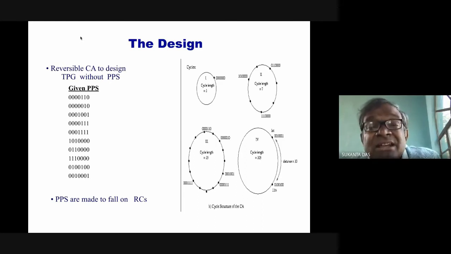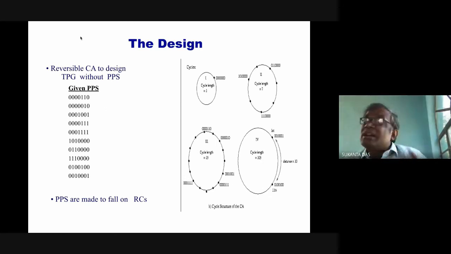On the right hand side of the slide, you can see a CA, a reversible CA. Suppose I have drawn some cycles. Suppose there are 4 cycles. The first cycle is of length 1, a single pattern, all 0. Then a cycle of length 7. The third cycle is of length 15, and the fourth cycle is of length 105.